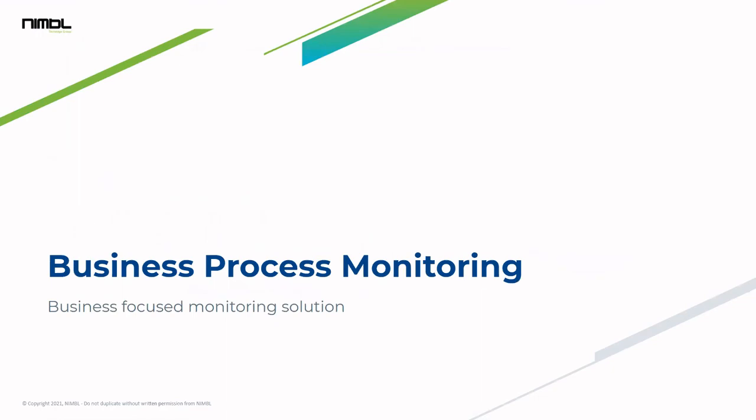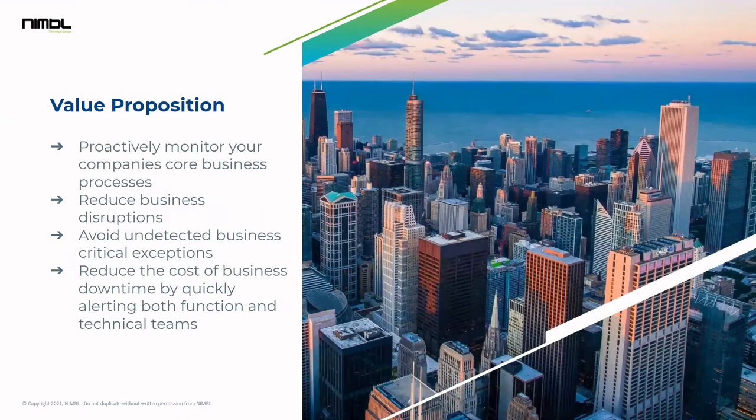So business process monitoring. I think this is probably one of the biggest tools that can impact the business within Solution Manager 7.2, because it's monitoring the business itself. It's enabling you to reduce the number of business disruptions by monitoring the actual business process, the actual steps that your end users, your people in the warehouse, right?